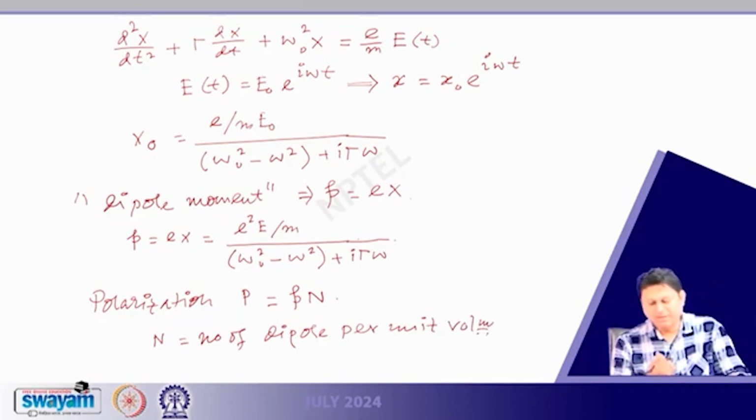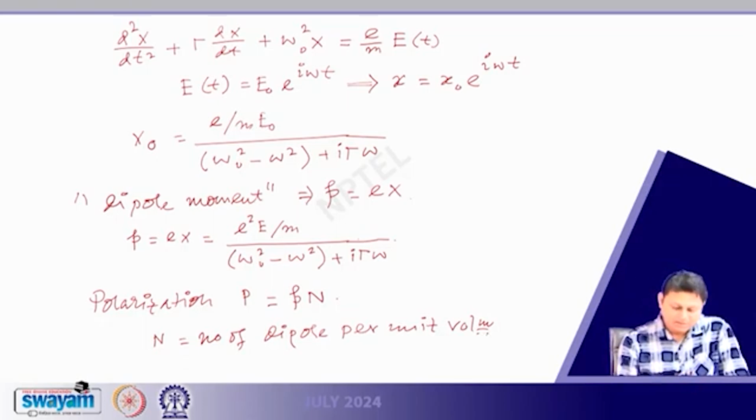So n is the number of dipoles per unit volume, that makes the polarization P equal to p times n.